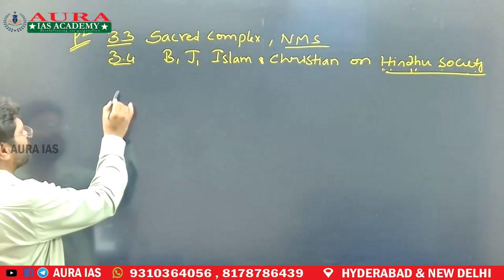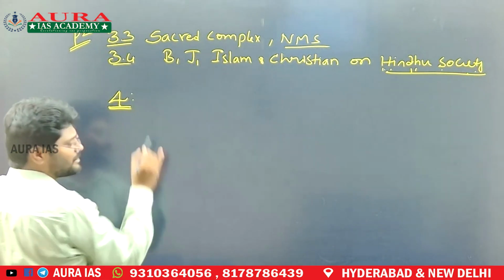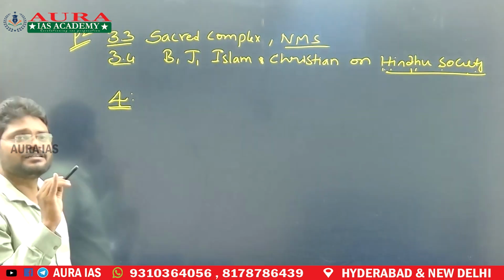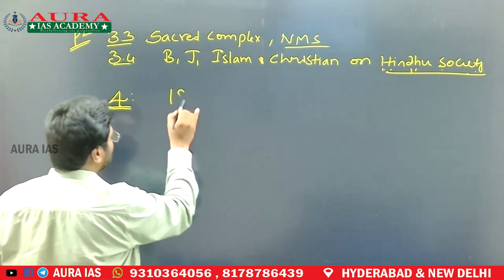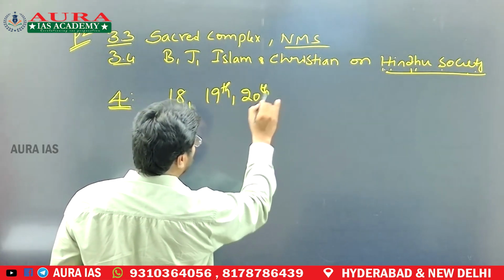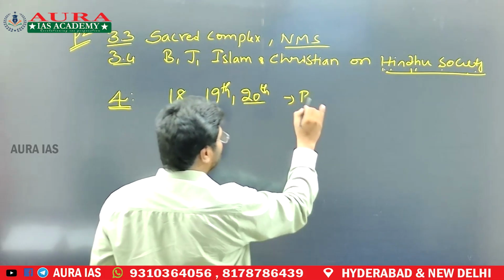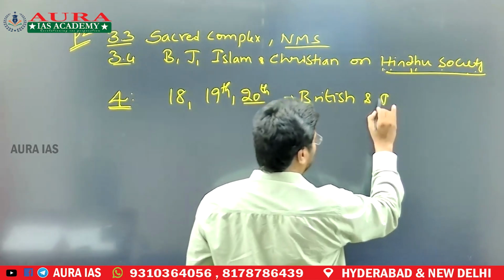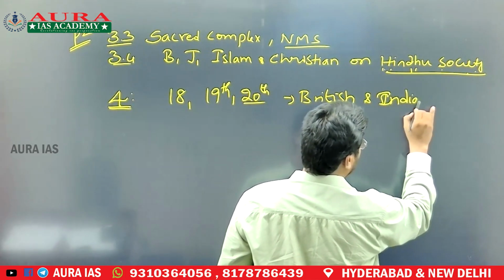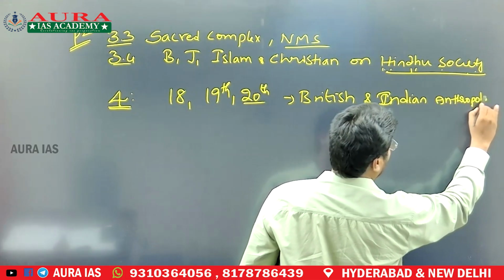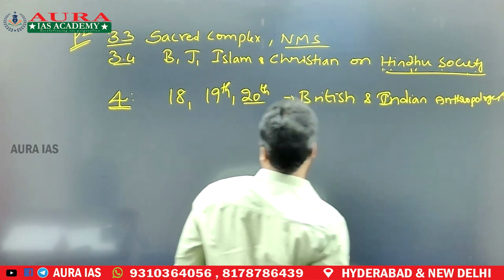The fourth chapter is very important. Mostly all anthropologists in India, ranging from British administrators of the 18th, 19th and early 20th century, and their contribution, as well as British and Indian anthropologists' contribution.